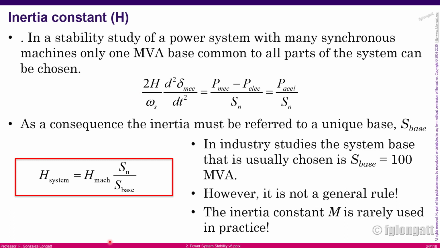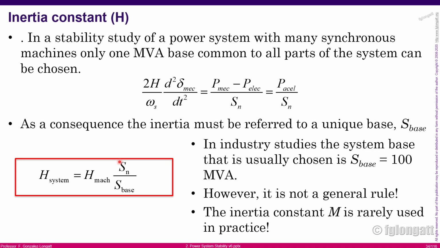At the left side of the screen, you will see an equation, and that is the equation that we use to change base for the mechanical inertia. What I am saying is that the new per unit value will be multiplied by the nominal power coming from the generator and divided by the base.